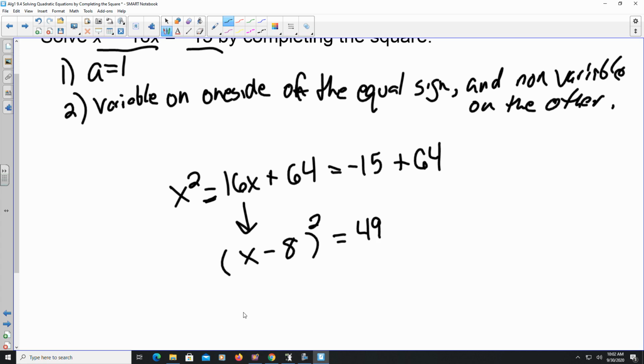Now I have a square, so I can actually use square roots like we did in the last section in order to solve this. I take the square root of both sides. The square root of x minus 8 quantity squared is x minus 8, and it's going to be equal to plus or minus 7.